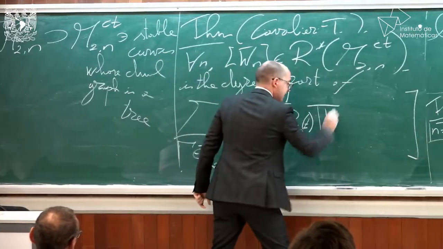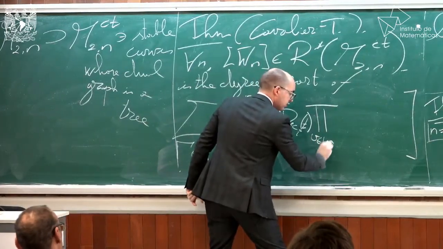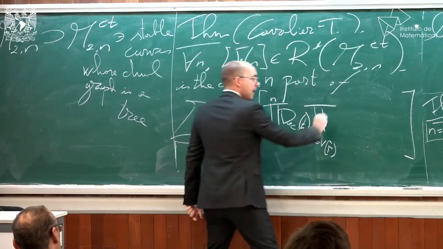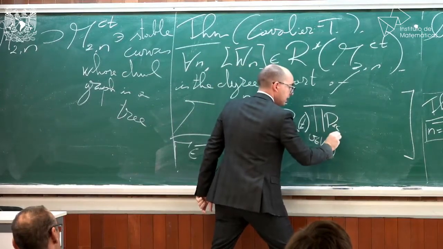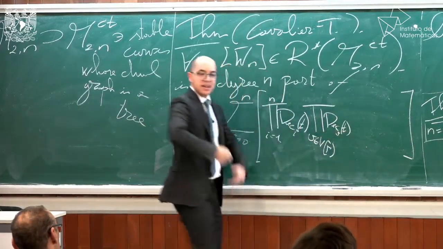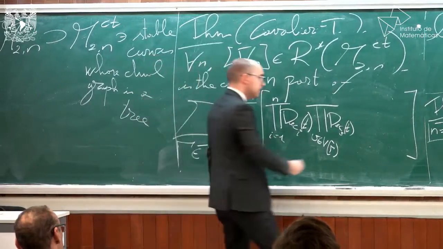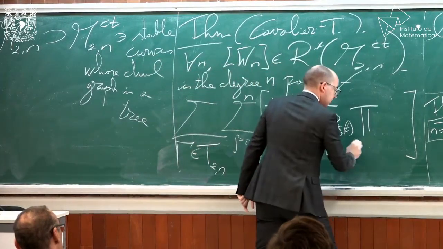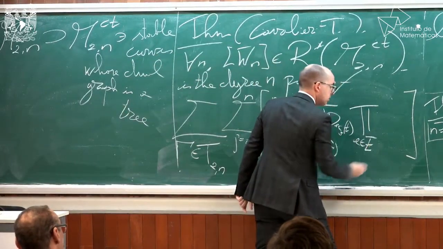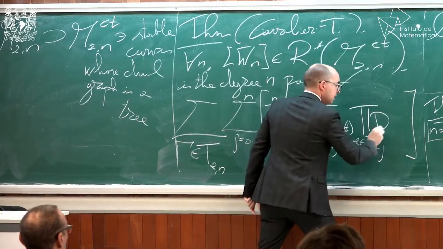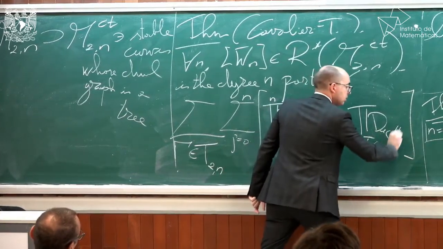For every vertex of the vertex set of gamma, I'm going to attach a decoration, which will be a formal series in a formal parameter t. And similarly, for every edge of the graph, I will have a decoration.